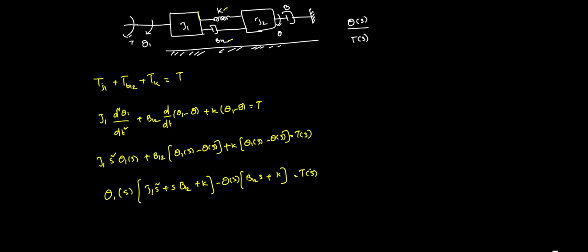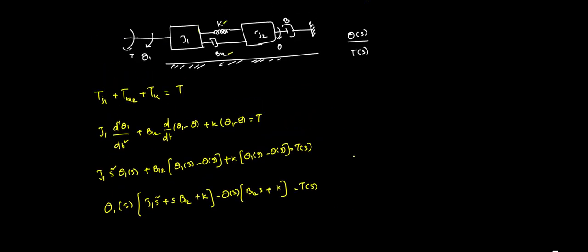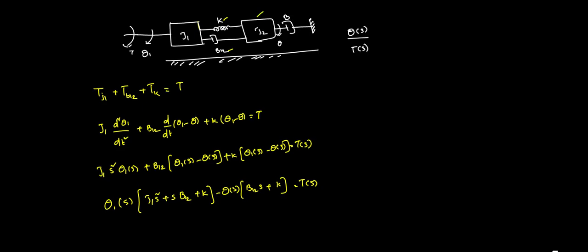Similarly, if you draw the free body diagram for J2, let us see how it looks here. First of all, what are the things acting on J2? Its own torque T J2 plus T B12 plus T B plus T K is equal to 0.